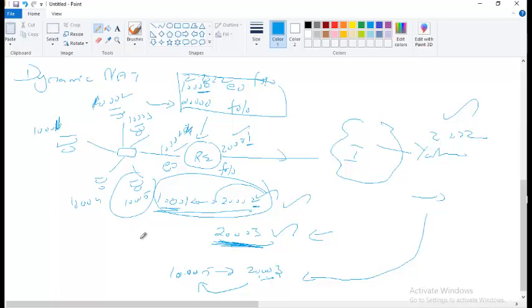But if Yahoo initiates the packet, the source is 2222. That is not matching with any map. If Yahoo is initiating traffic to 20003, it will not go to 10005, because when 10005 was going, the return traffic was allowed, and then this mapping got removed once the conversation was over.